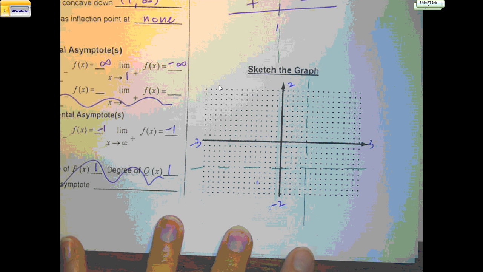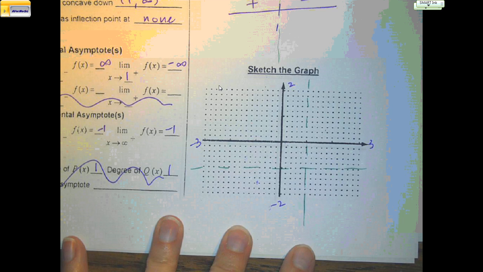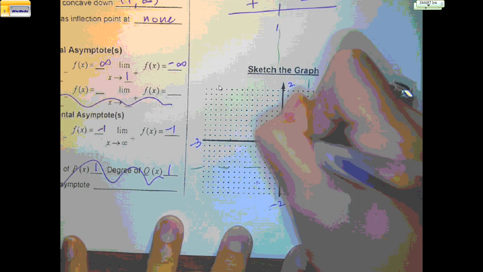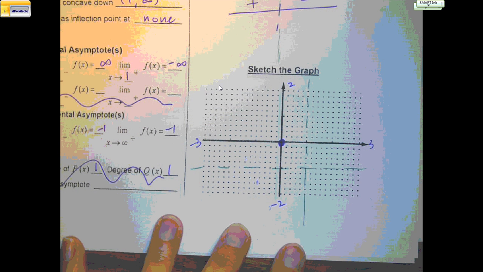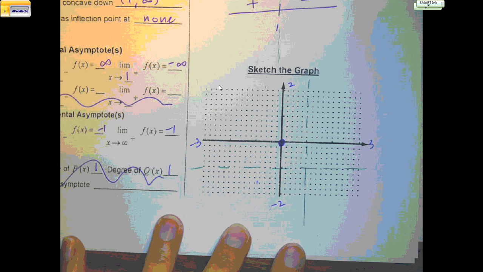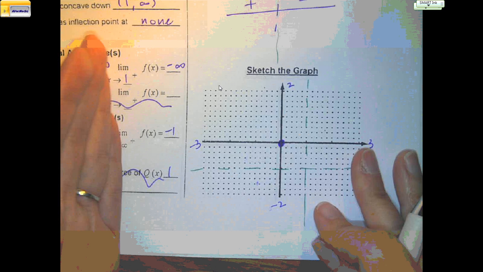We don't. That's it. So we're really going to have to focus on concave up, concave down, increasing, decreasing, that whole thing. To the left of 0, let's look at our number lines and see what happens. To the left of 0, it is increasing, and it's concave up. So smiley face, and it's increasing.